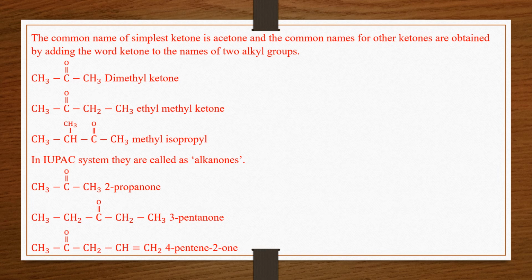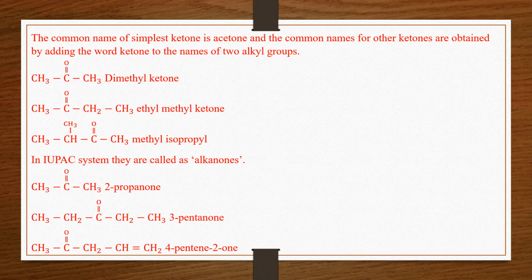Next, one more structure, CH3 CH CH3 C double bond O CH3. On either side of the carbonyl group, we have one alkyl group, that is the methyl group, and the other alkyl group is the isopropyl group. I have missed the name here, so you just fill in the blank. How will you write the name of this structure? This is called methyl isopropyl, what will you write here?